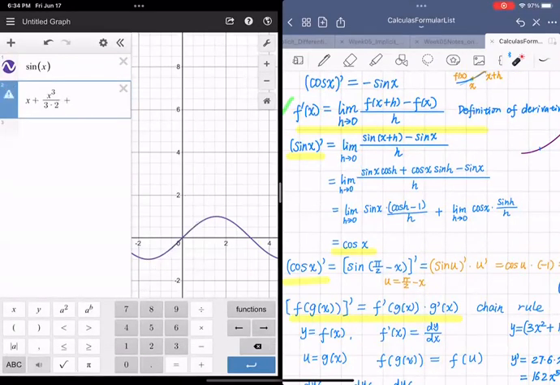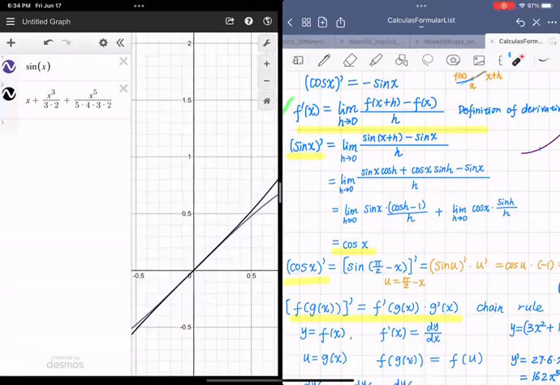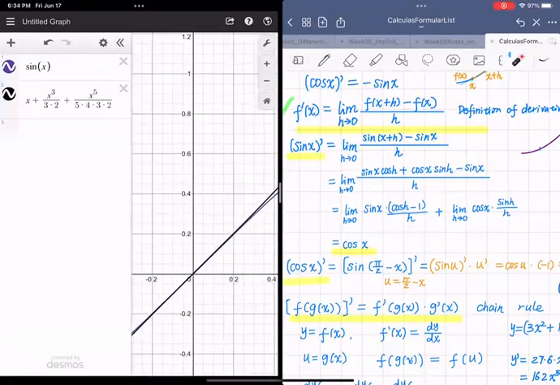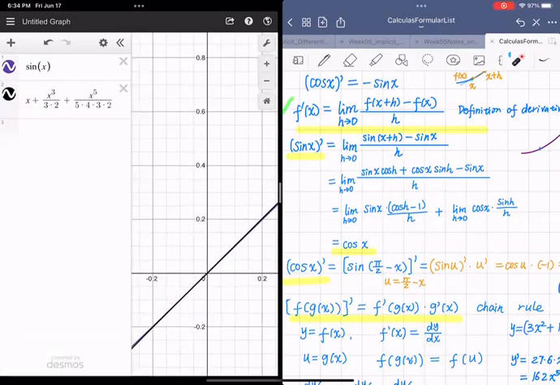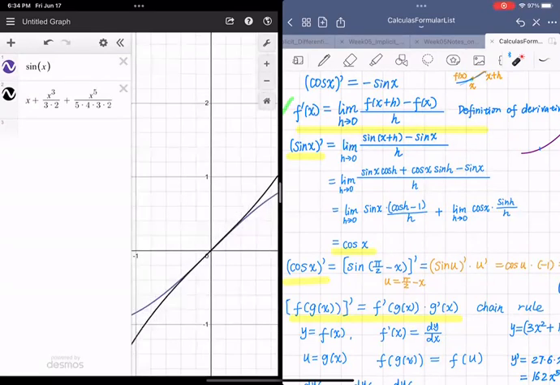And then you do one more, plus x to the power of 5 divided by 5 factorial. You keep doing this, and then this part is going to be very close to this. If I hide other parts, you think these two are exactly the same. But when I show you, you can tell they are not exactly the same.